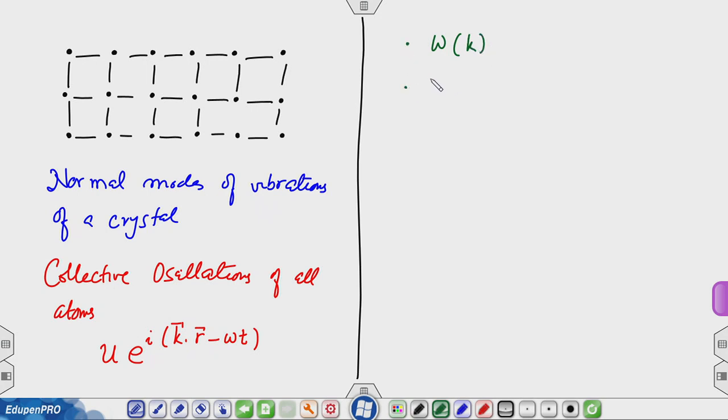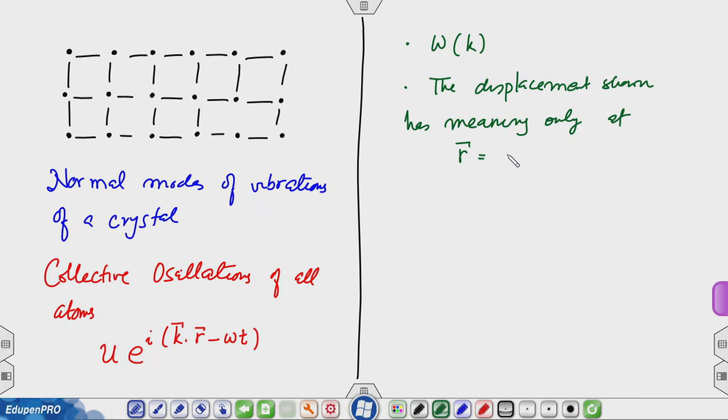Number 2, the displacement shown has meaning only at r equals some integer j times r naught, where r naught is the primitive lattice vector.